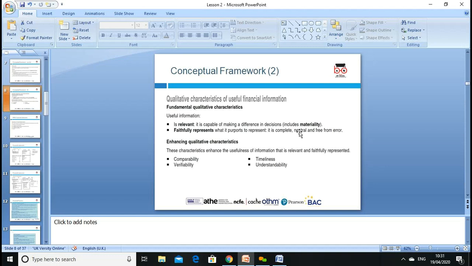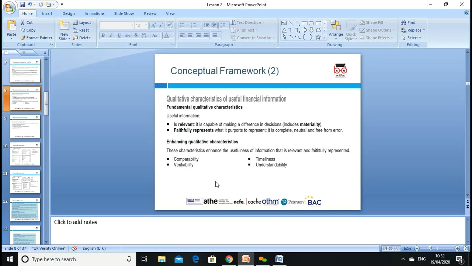So if I'm preparing accounts and I'm an investor as well, there will be a conflict. Then the enhancing characteristics, comparability. You need to give two years of statements, so you prepare them, and that gives good comparability of financial statements. Timeliness, yes, you should publish the information in the public domain within a maximum of 90 days.